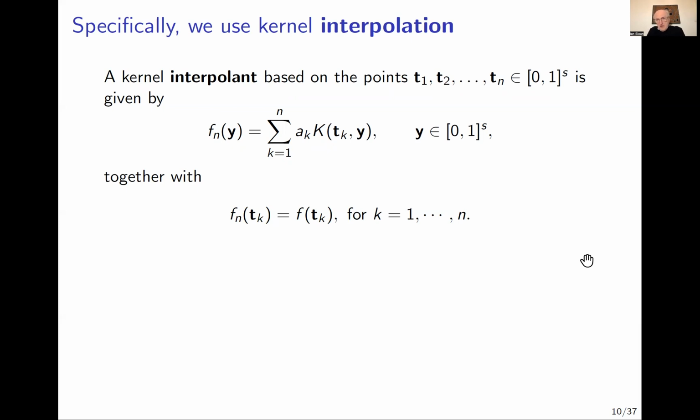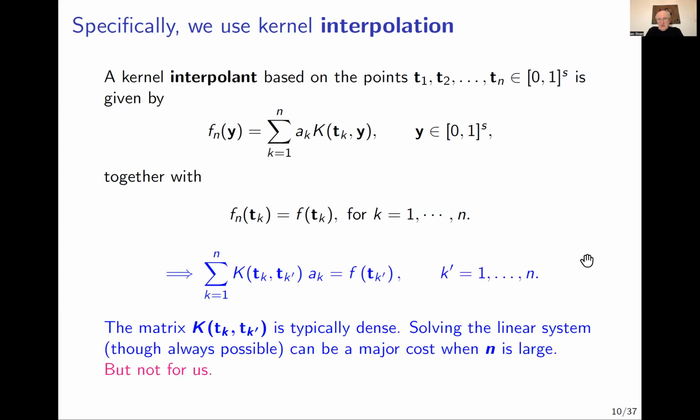With any kernel, a kernel interpolant is based on prescribed points t_1 up to t_n, and now we fix the coefficients a_k by this condition: we have interpolation, that our function f_n(t_k) equals f(t_k), the given function.